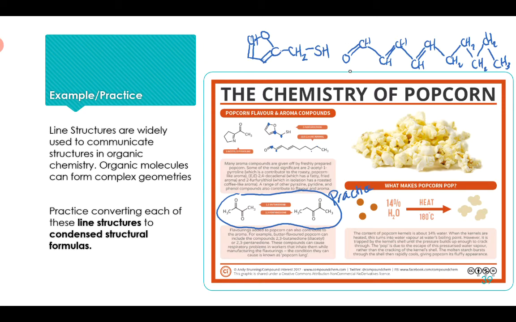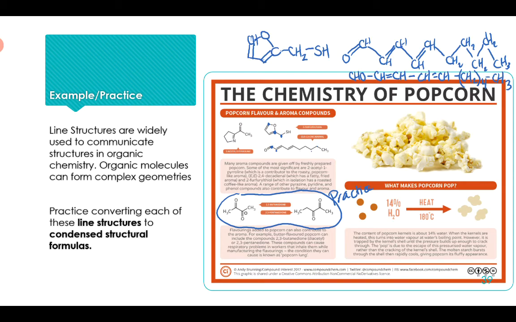This is an aldehyde functional group, and aldehyde functional groups can be written CHO. We'll get into that when we cover the aldehyde chapter. But we can write this more in one line. I see several CH2s in a row, 4 in a row, so I can abbreviate that.